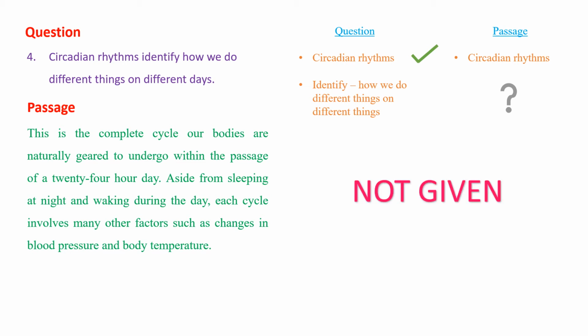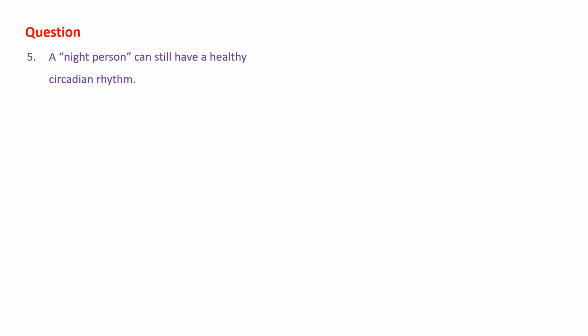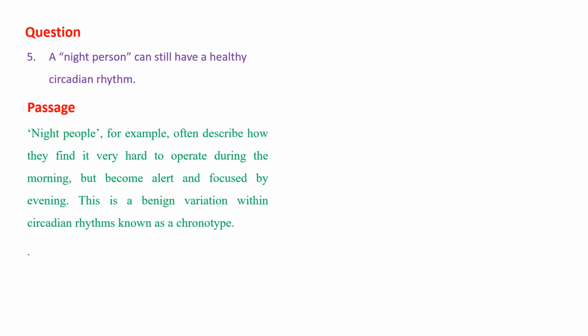The next question is: a night person can still have a healthy circadian rhythm. Going through the passage, we can see that passage C states that night people, for example, often describe how they find it very hard to operate during the morning, but become alert and focused by evening.